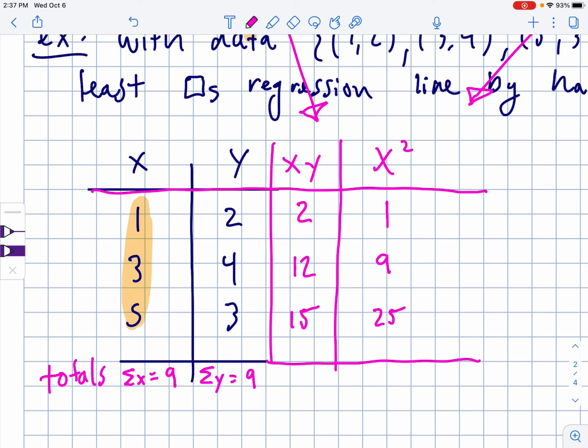So this becomes 1, 9, 25. Oh, I forgot to do my sigmas down at the bottom. Sigma xy is equal to this whole column added together, so that's 29. And then sigma x squared is this whole column.